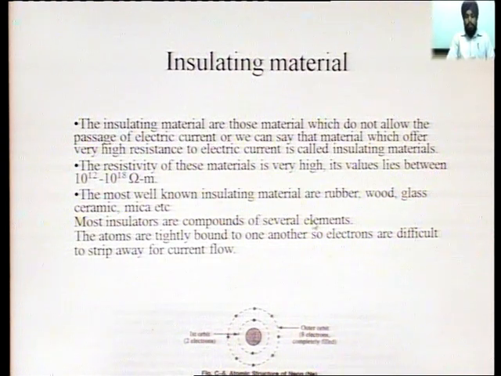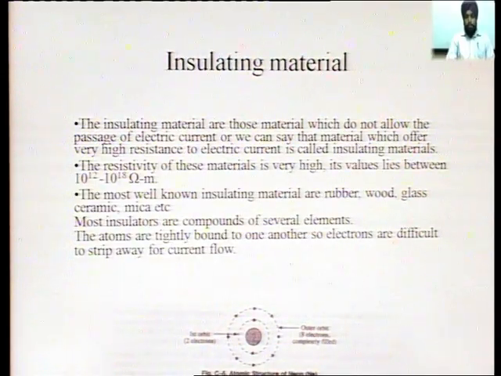Second is insulating material. Students, first is conducting material, second is insulating material. Insulating materials are those materials which do not allow the passage of electric current, or we can say that materials which offer very high resistivity to electric current are called insulating materials.